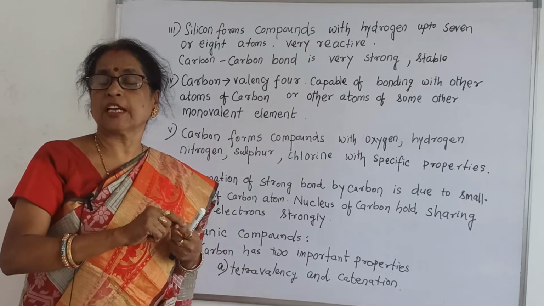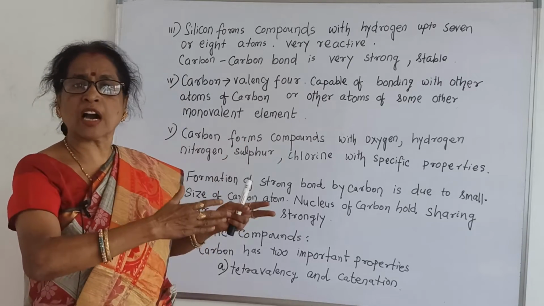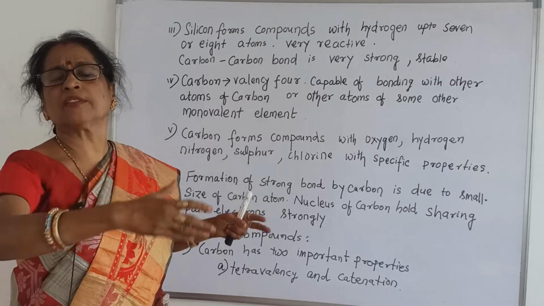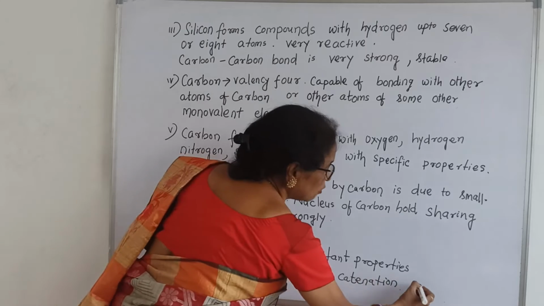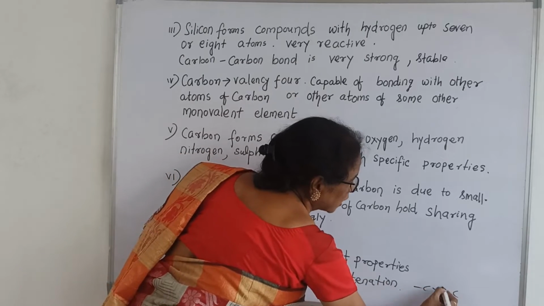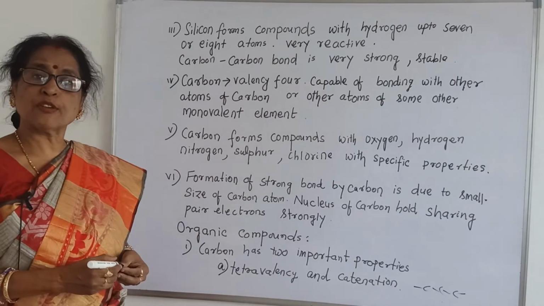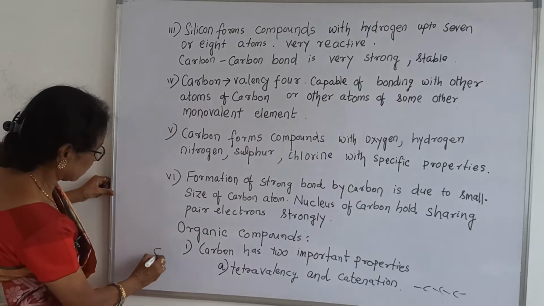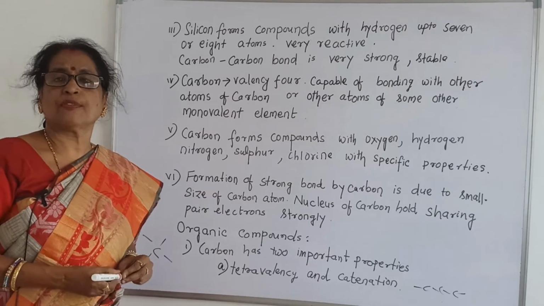Catenation helps to join one carbon with another in a long chain. Tetravalency means carbon has valency four.